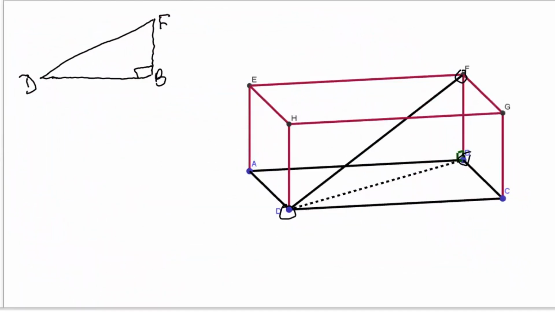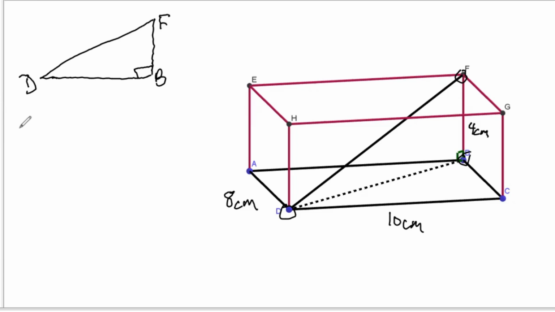If we are given the dimensions of this cuboid, we are given the height as 4 centimeters, the width as 8 centimeters, and the length as 10 centimeters. Now, we want to find the length of this longest diagonal.